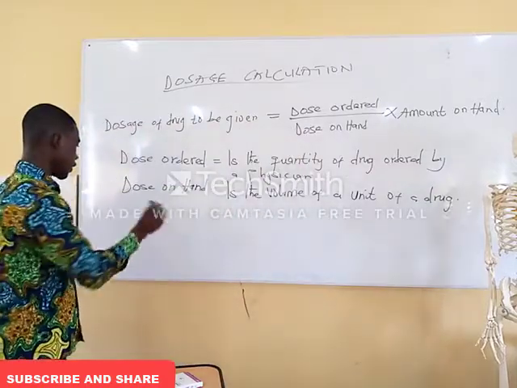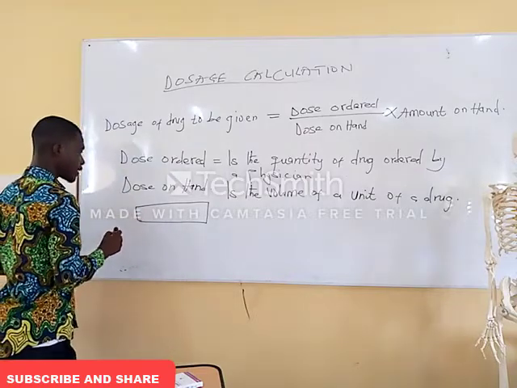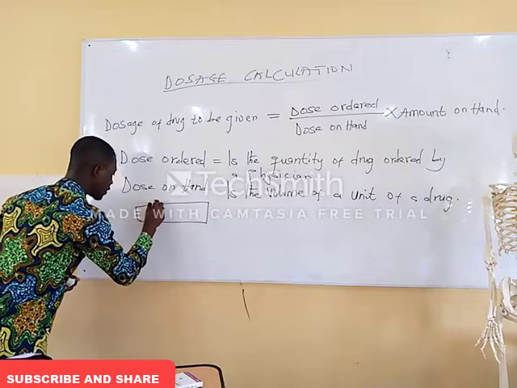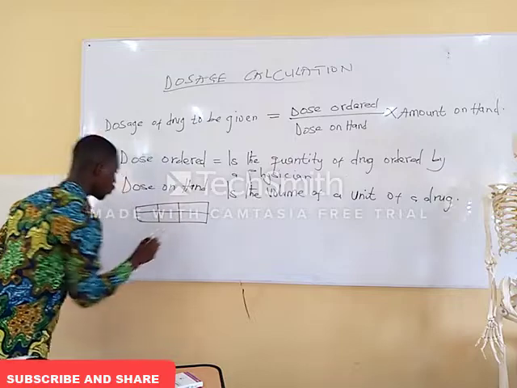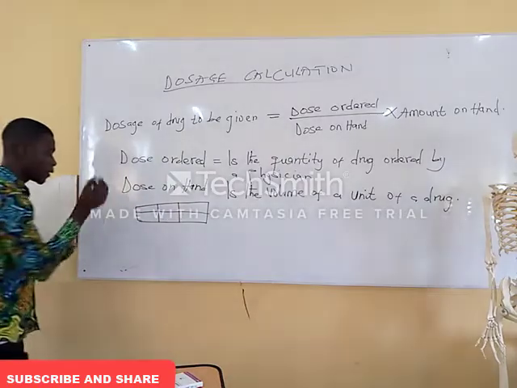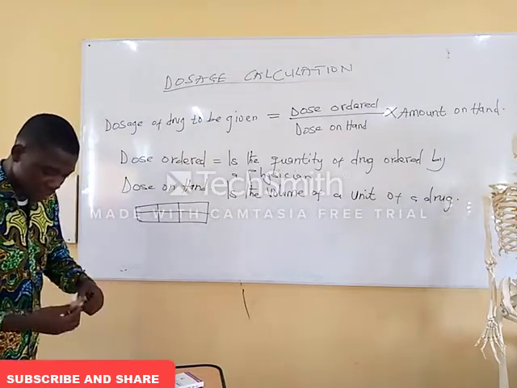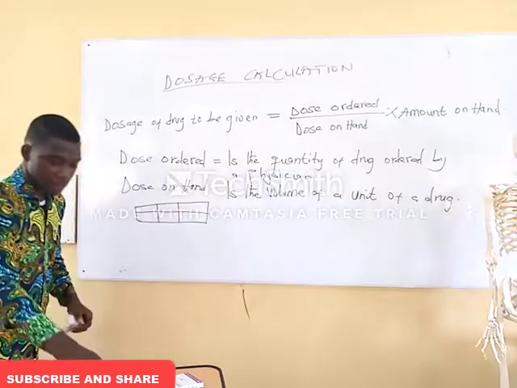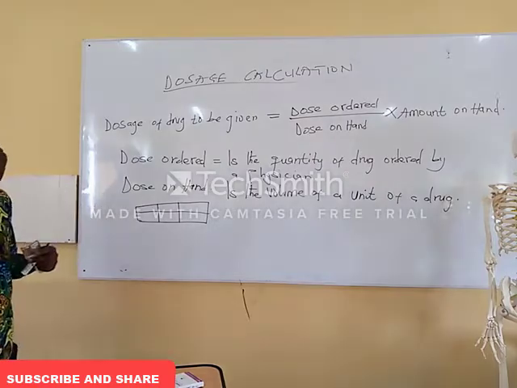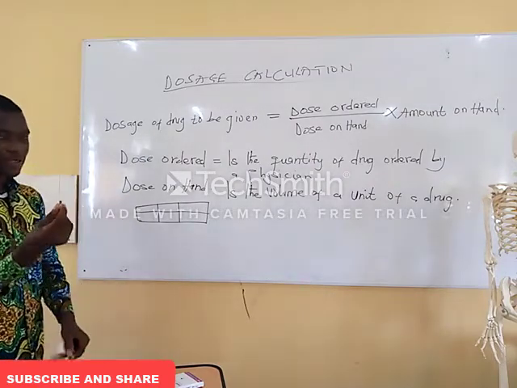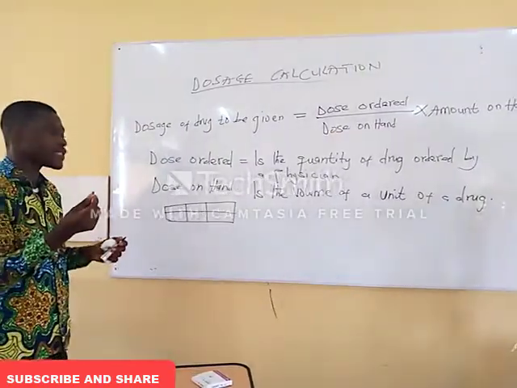Let's say this is a whole tablet of paracetamol. If I take 1 tablet out of it, let's say this is my paracetamol, what is its volume? What is its quantity?